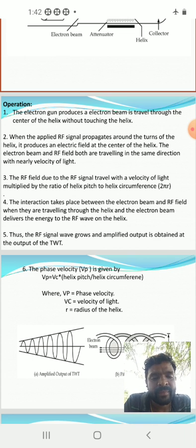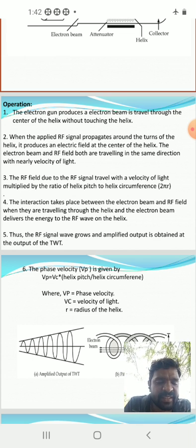The RF field is amplified because the RF field interacts with the electrons, and they travel along the helix together. So the RF signal is amplified according to the electron velocity, close to the velocity of light. In total, in a traveling wave tube the RF signal wave grows and is amplified at the output of the helix.